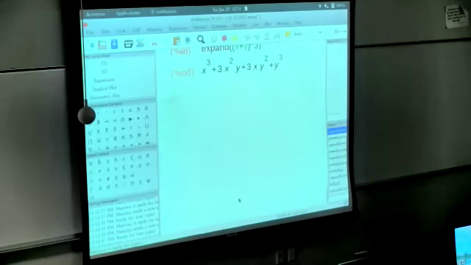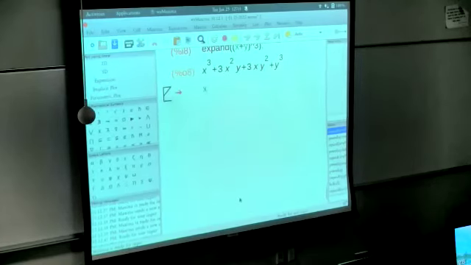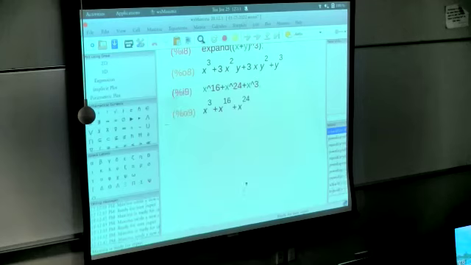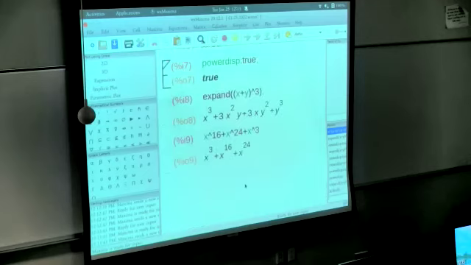Another example, let's just say I have x raised to 16 plus x raised to 24 plus x cubed. And I end up getting x cubed, x raised to 16, x raised to 24. And my powerdisp was true.